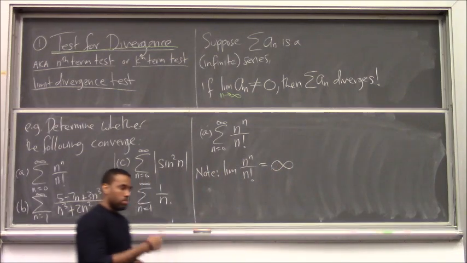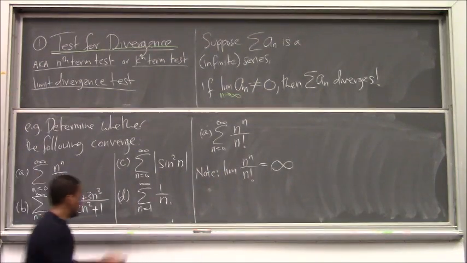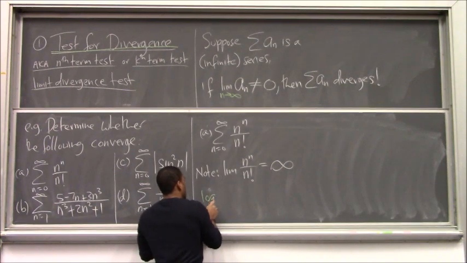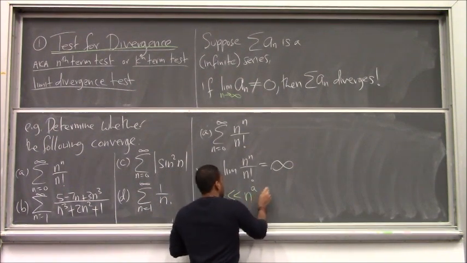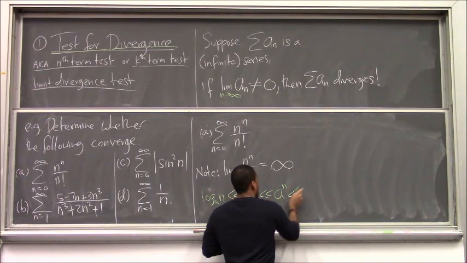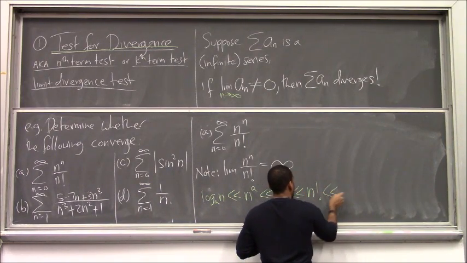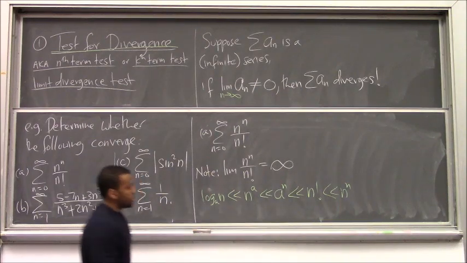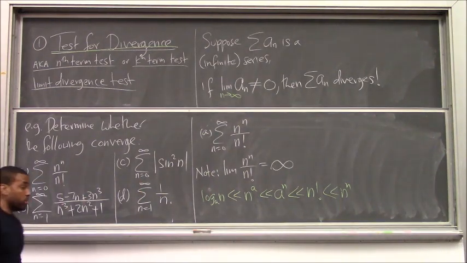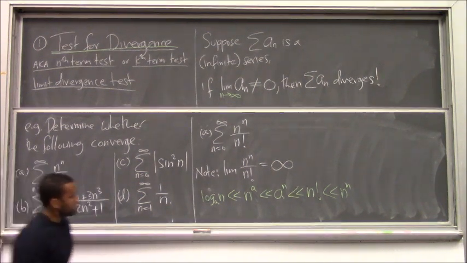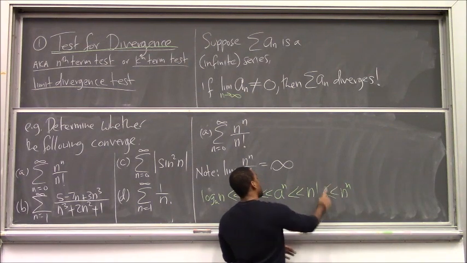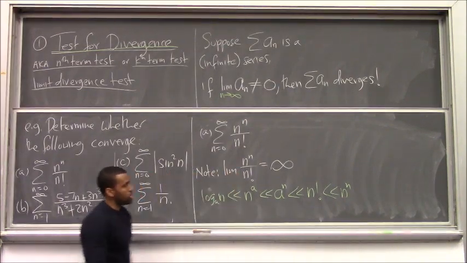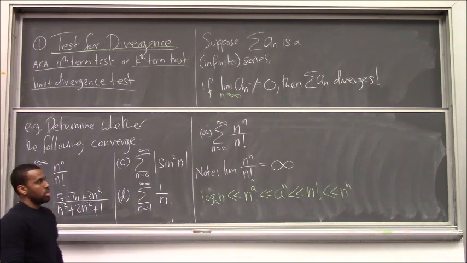Last time we looked at that list: logs are smaller than polynomials, which are smaller than exponentials, which are smaller than factorials, which are smaller than variable exponentials. As n goes off to infinity, the ones on the right are essentially infinitely bigger than the ones on the left. So n to the n is huge compared to n factorial, and it's in the numerator of this fraction. That fraction goes to infinity.